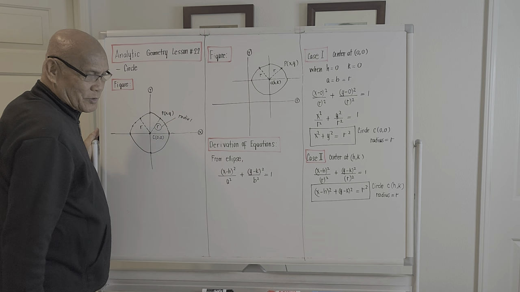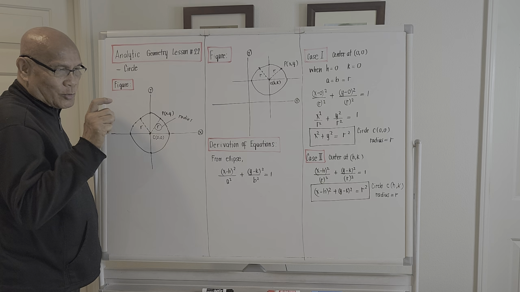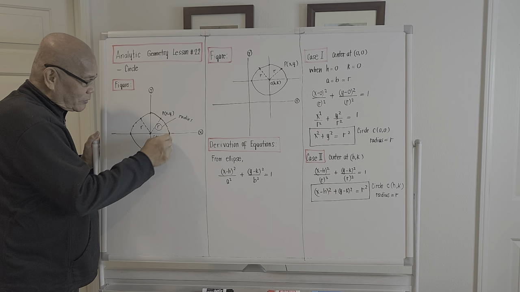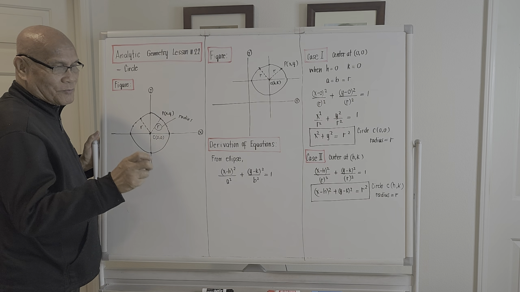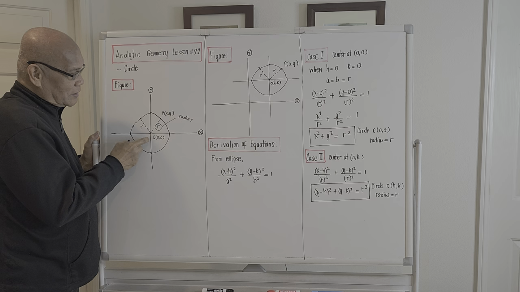That's the definition of a circle. It's the path of points which is always equidistant from the center of the circle at any point along the path. That's a circle.